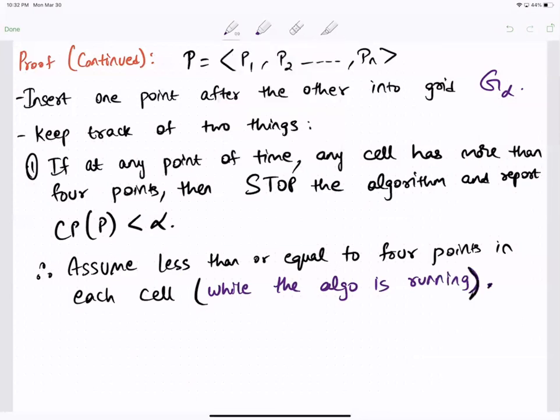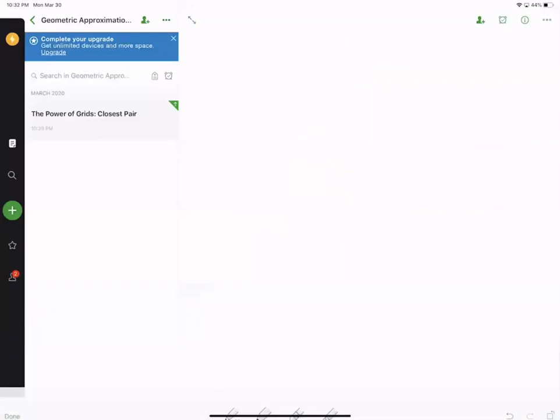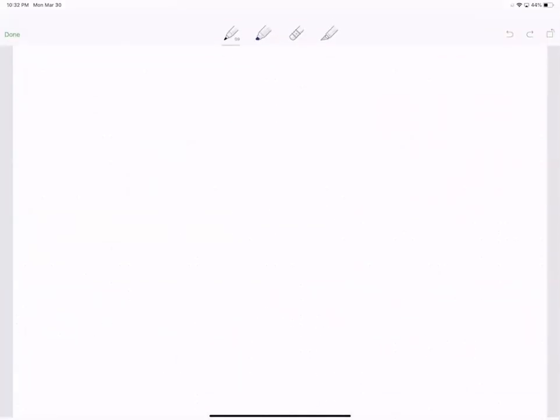So what's the next thing to take care of? The second thing to take care of is the following.